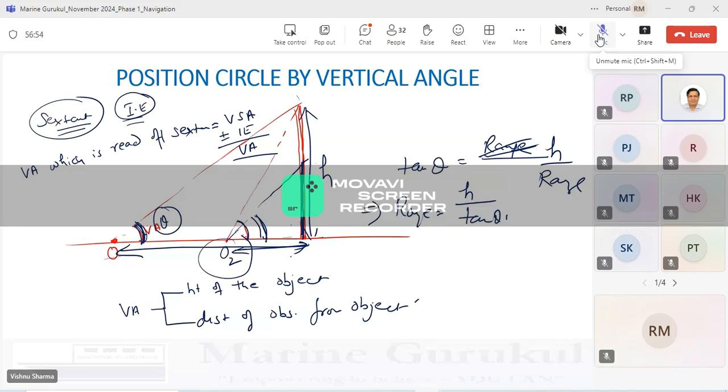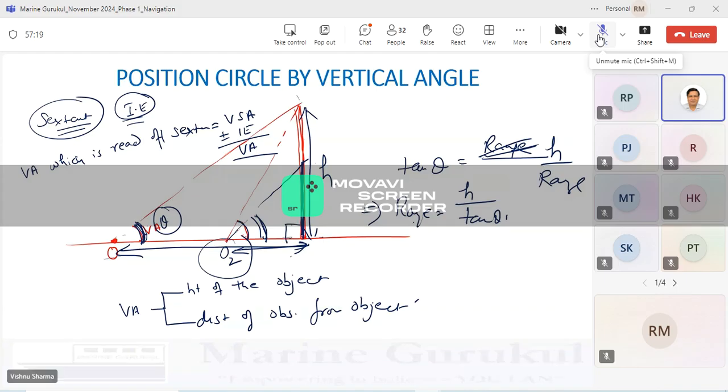Vertical sextant angle is what you will read from the sextant. Once you correct the vertical sextant angle with the index error, you will get the correct angle, and that is what you call the vertical angle. So it is the vertical angle that you are interested in, not the angle that you read from the sextant.